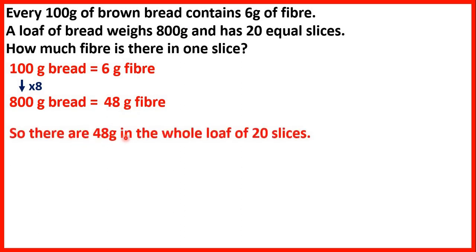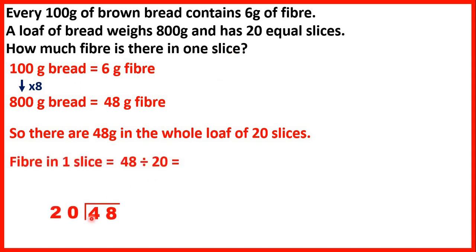So there are 48 grams in the whole loaf of 20 slices, but we want to know how much fibre is there in one slice. So we need to divide 48 by 20. 48 divided by 20 is 2 remainder 8, because 2 times 20 is 40, and then we need 8 more to get 48.